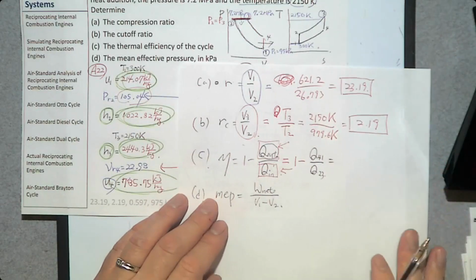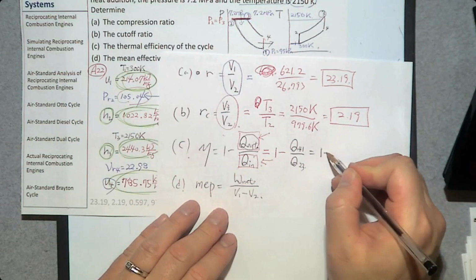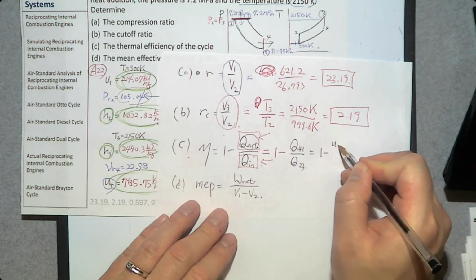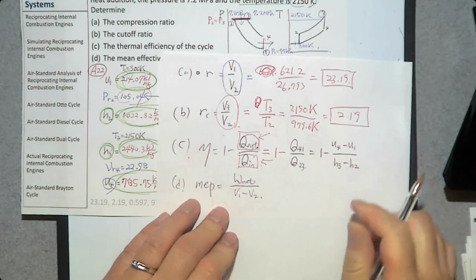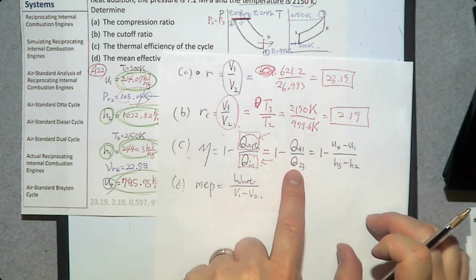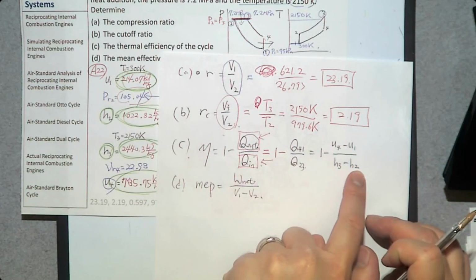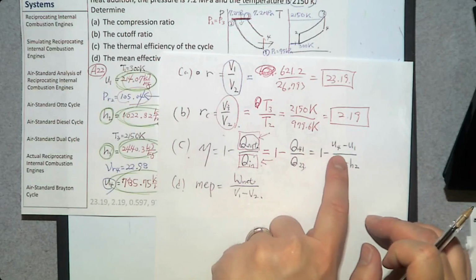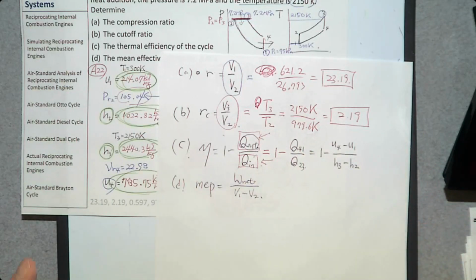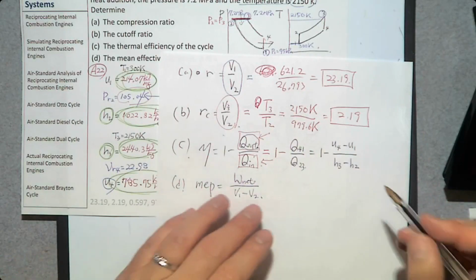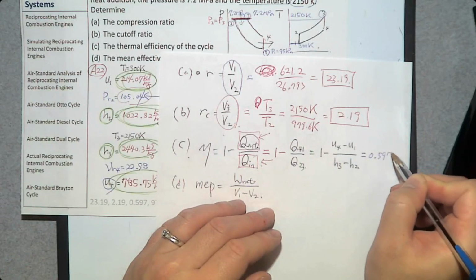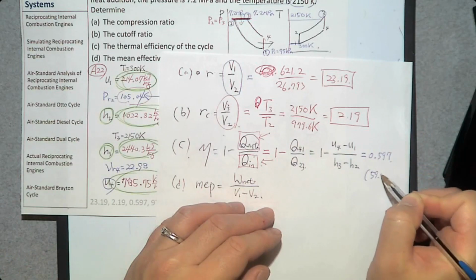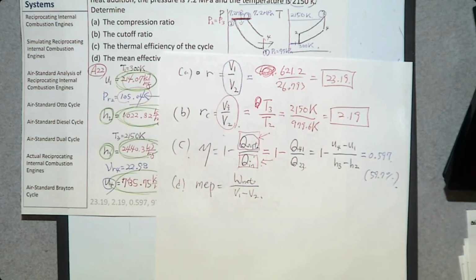We can calculate this by 1 minus U4 minus U1 divided by H3 minus H2. The energy balance equation gives Q23 as H3 minus H2, and Q41 as U4 minus U1. We already studied these energy balance equations last Tuesday. So if you do the calculation, you get 0.597, which means 59.7%.